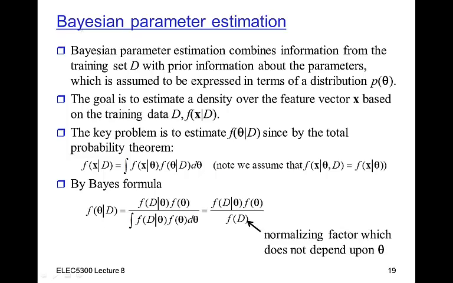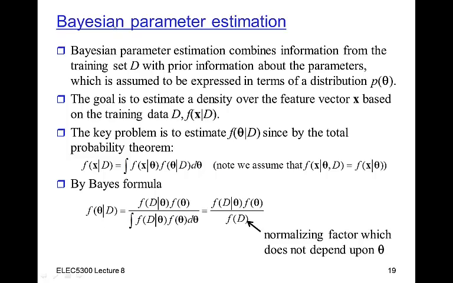The idea of Bayesian parameter estimation then is to combine information from the training set D, the same thing we did in maximum likelihood, but now we add prior information about the parameters, which is assumed to be expressed in terms of a distribution P of theta.